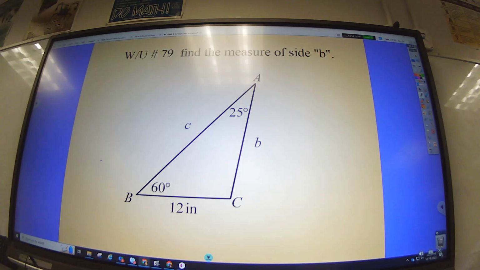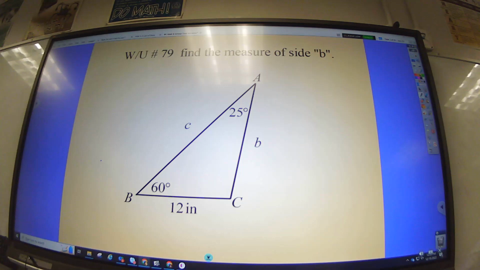Opposite angle, opposite side is law of sines. So we do sine A over a equals sine B over b, lowercase b. The capital A is the angle, lowercase a is the side.